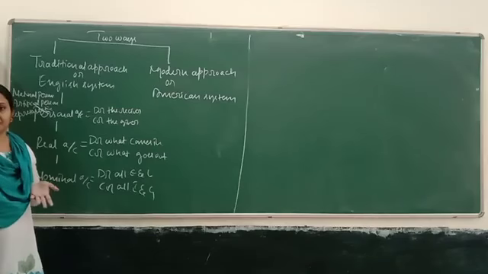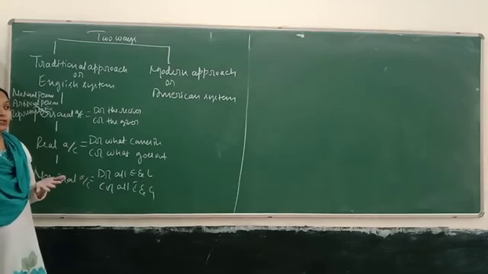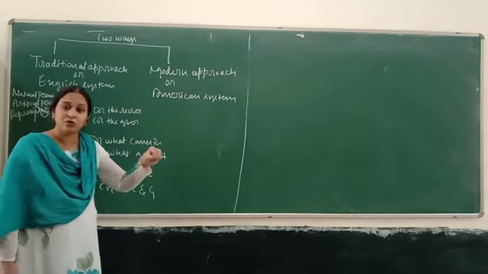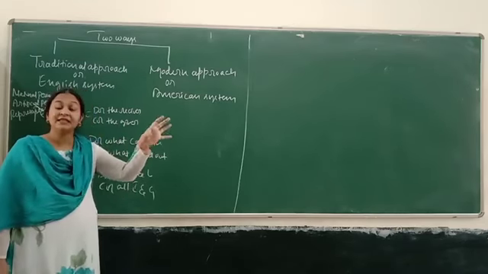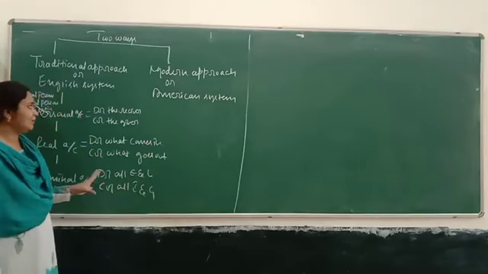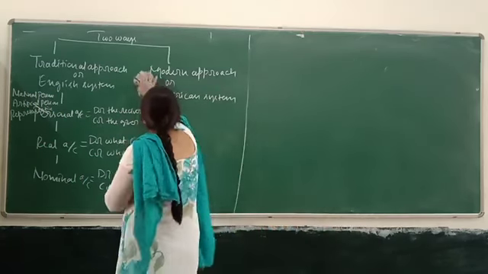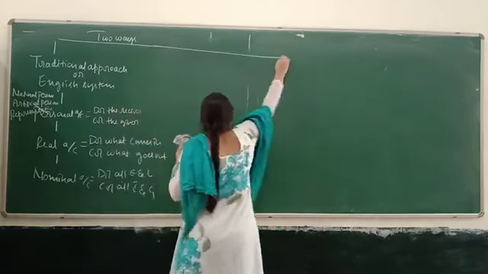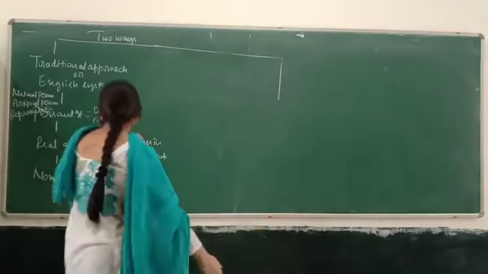For example, salary payable. I have not yet paid the salary to one worker in my business. It is representing some natural person, so it is known as representative personal account. I will write it down so there is no confusion.